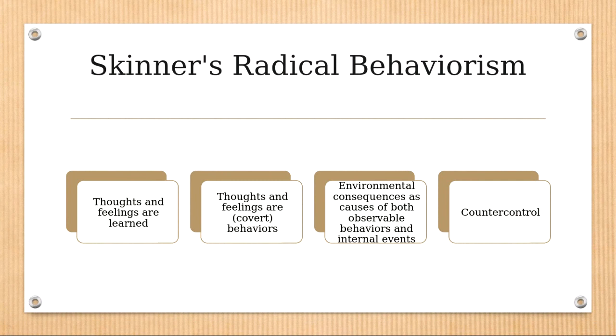So this goes back to the idea of everything is caused by something in the environment. So in Skinner's case, the consequences from the environment are what cause internal characteristics like emotions and feelings, and also observable behaviors. So again, that's one that's kind of complicated to understand, but just know that Skinner said that thoughts and feelings cannot be used to explain behaviors because they are behaviors and they are learned.